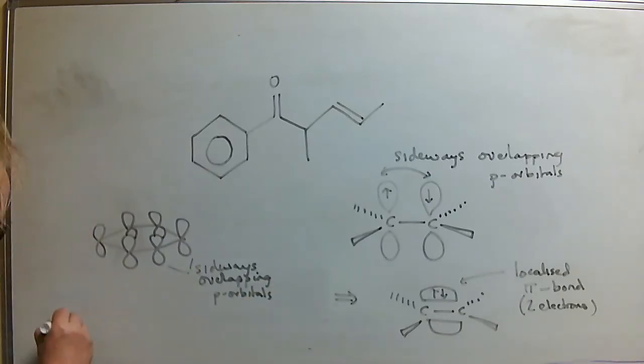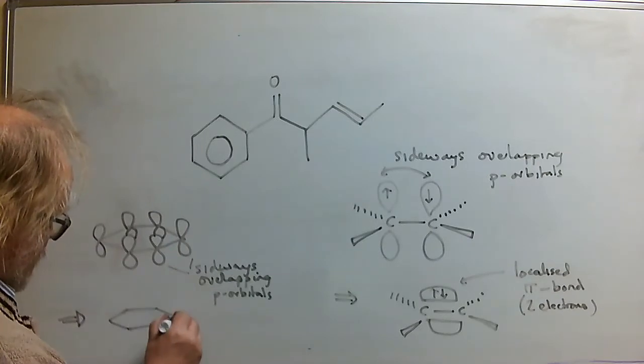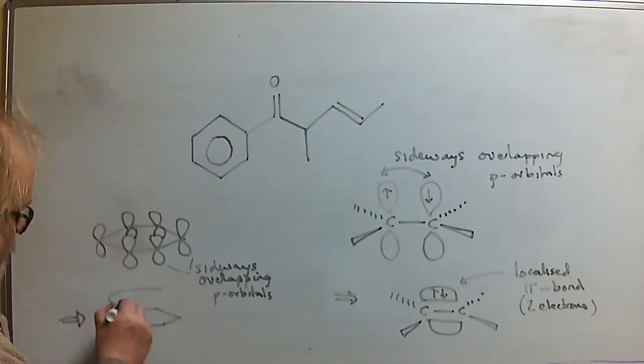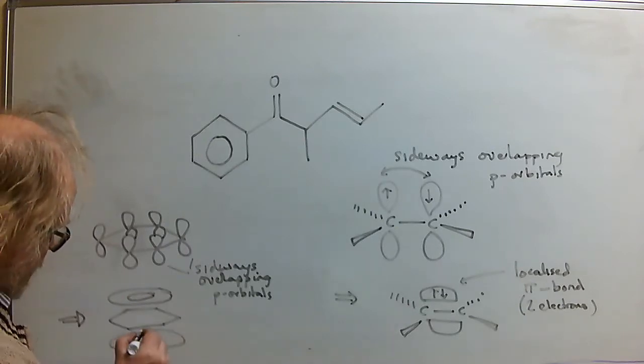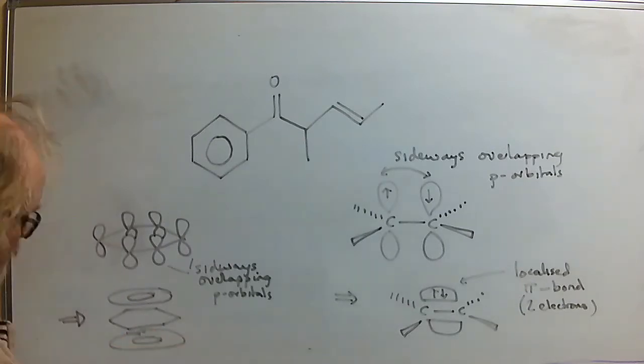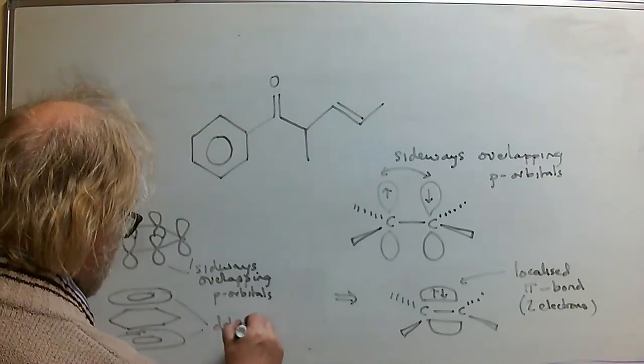So that leads to your delocalized system, which you draw like this. There's your hexagon of sigma bonds, then you just draw a ring above like that, and a ring below like that, and that's your delocalized pi system.